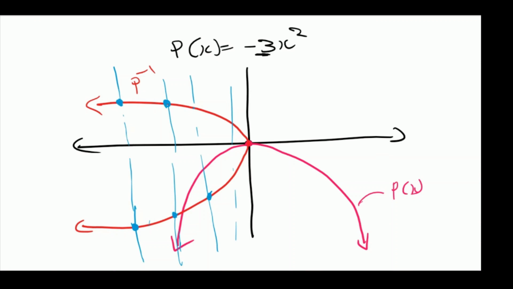So the fact that the vertical line test touches the graph at 2 points makes the inverse not a function. So you can simply say p to the power -1, so the inverse of p fails the vertical line test.